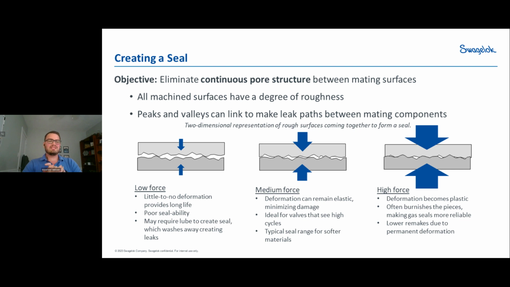That means you're going to have very poor sealability, because gas molecules will go through those mated up paths. So you may require a lube to create a seal, which will eventually wash away through general wear on the lube from the media passing through it. It'll eventually leak out.